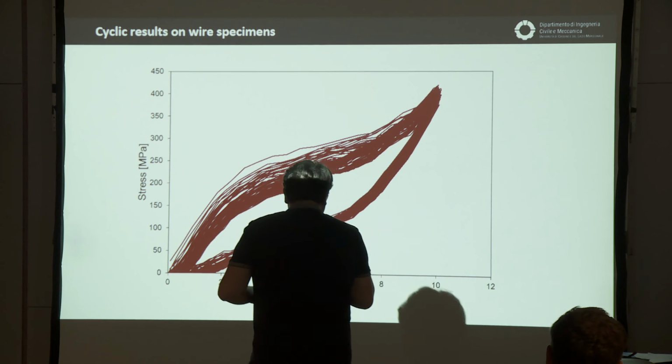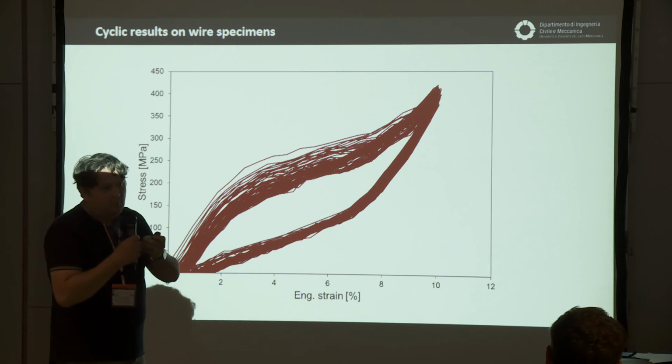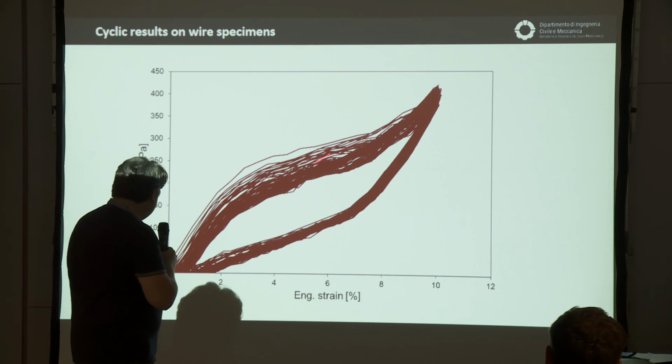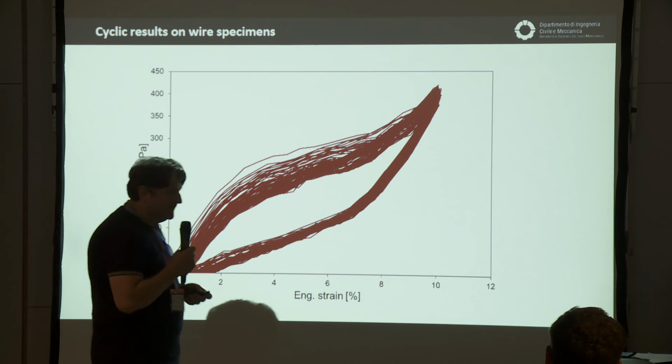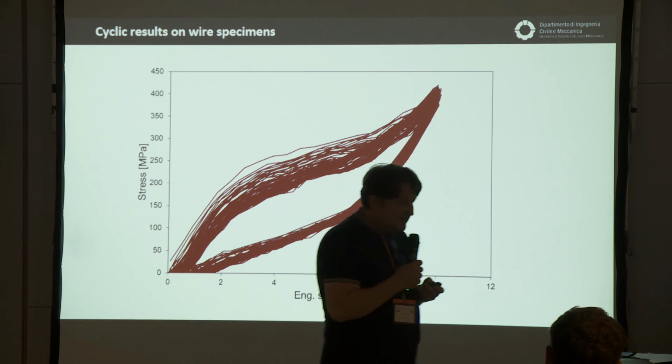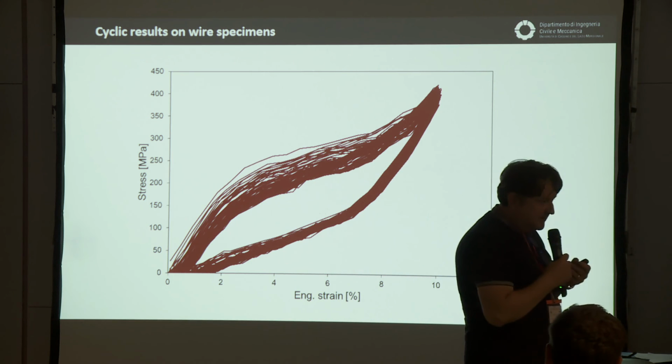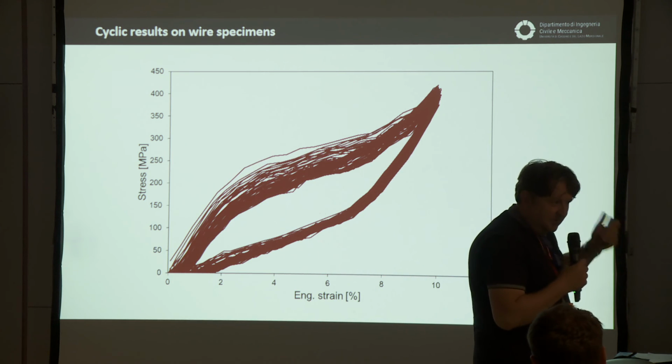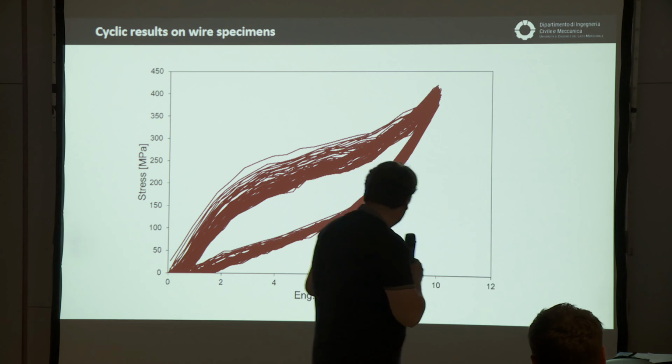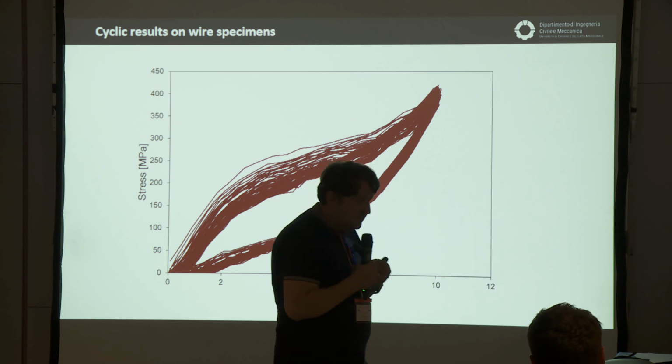Using a different specimen, using a wire, we performed the same test for 100 cycles, but we have no differences using the mini dog bone, non-standard test. And the question is always the same.